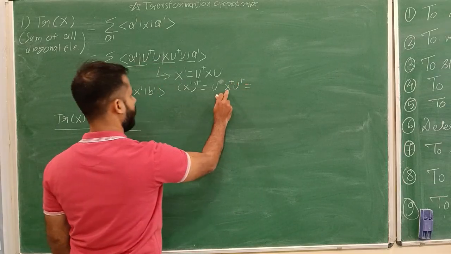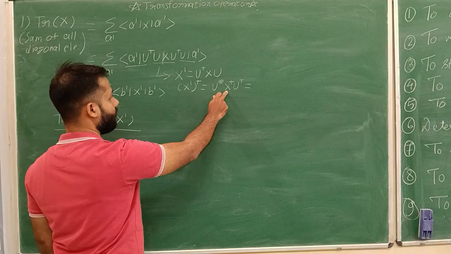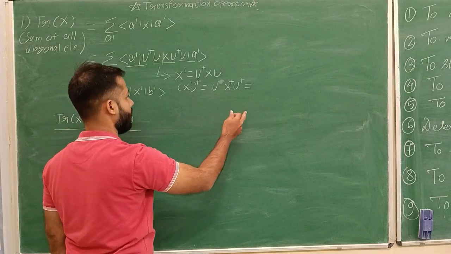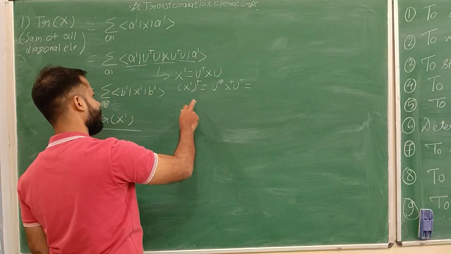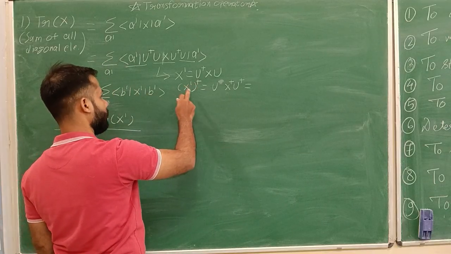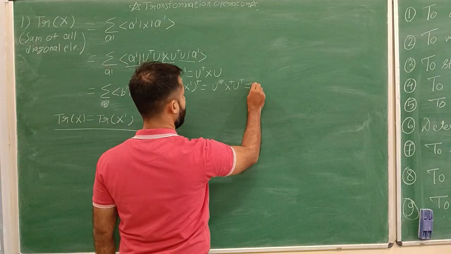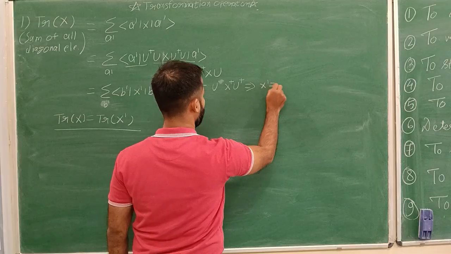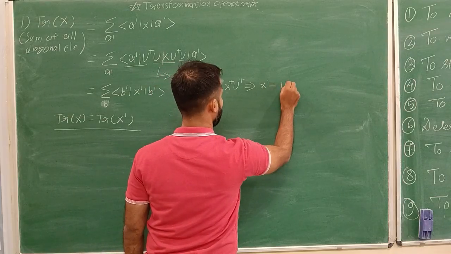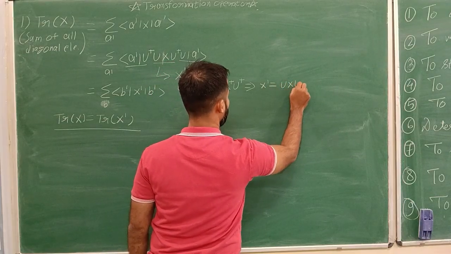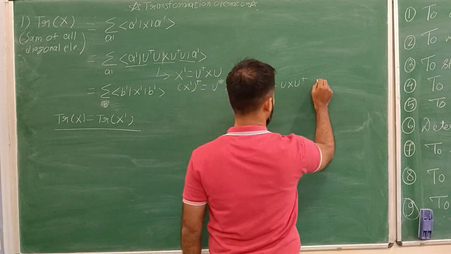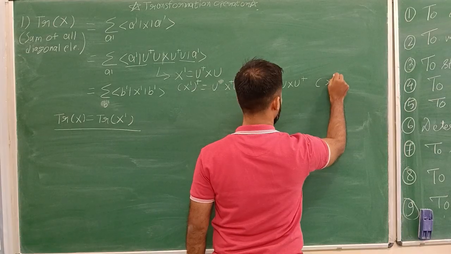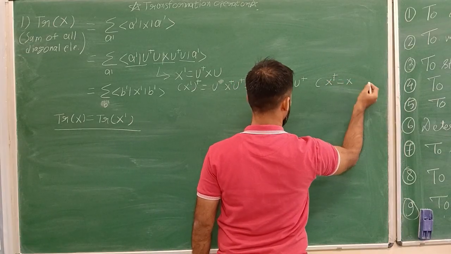But these are observables, and we know that observables are Hermitian operators. So for them, X dagger is the same as X. So by the same result, X prime dagger will also be the same. X prime, because X dagger is X.